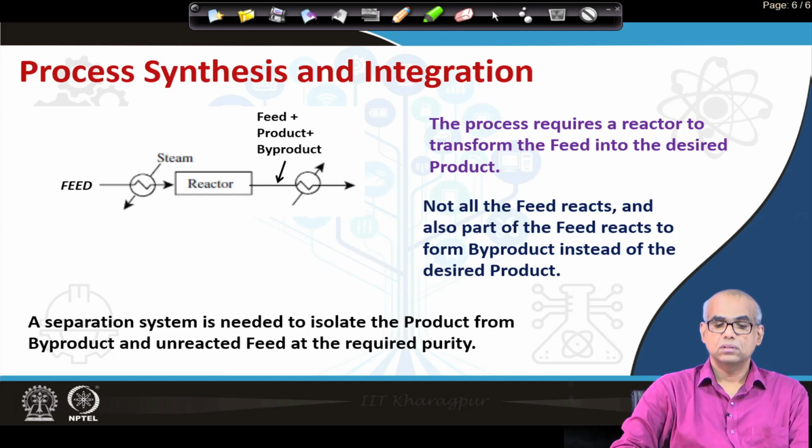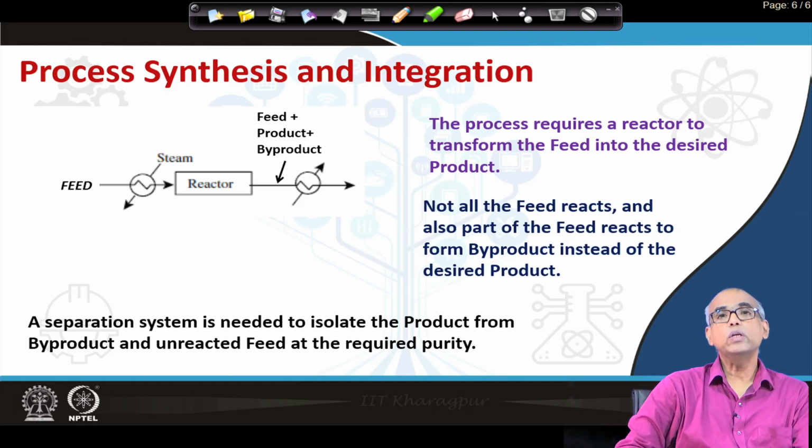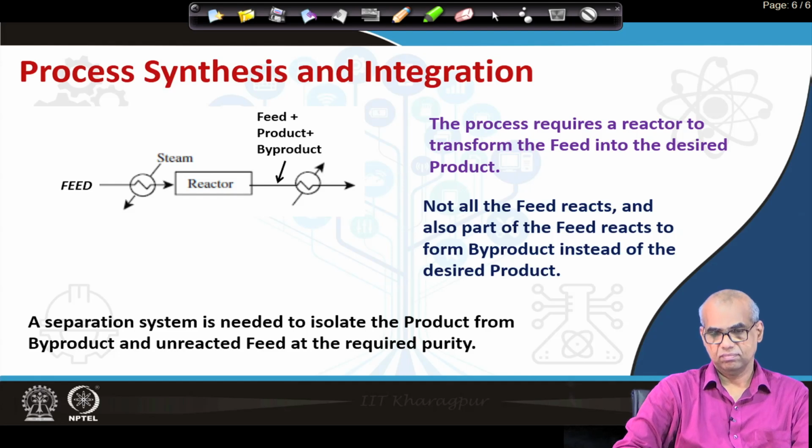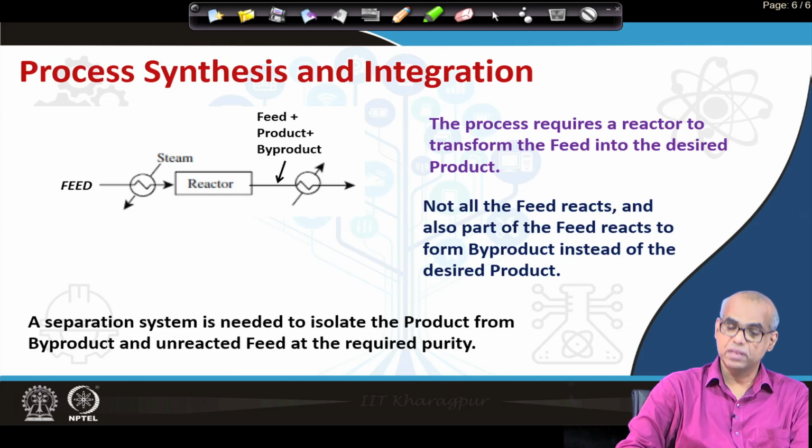So, what do we do next? Obviously, a separation system will be required to separate the desired product from the byproduct and unreacted feed. Okay.